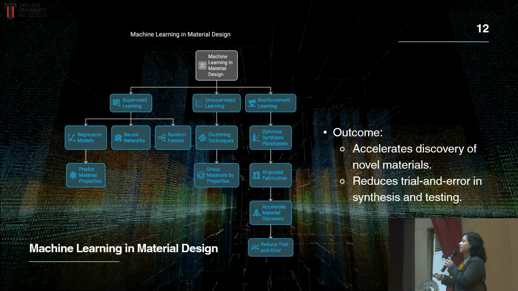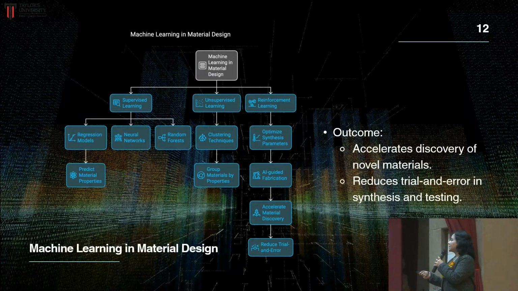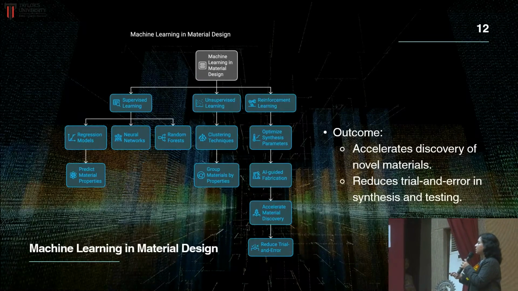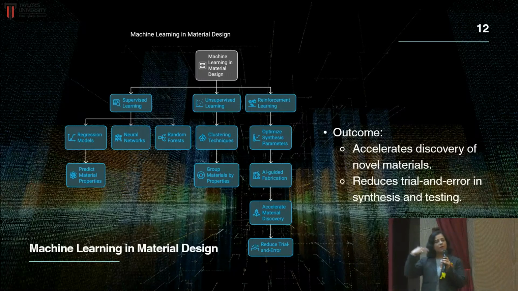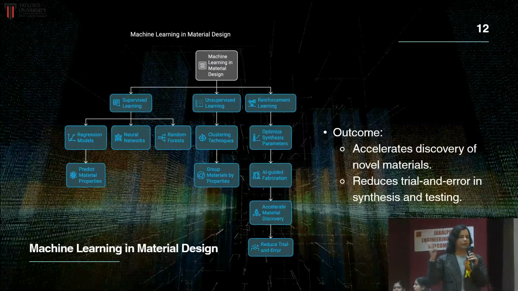And AI-guided fabrication of the materials can also be done. And then it accelerates the material discovery. This is actually decreasing the time span which is required for actual experimentation. Now, this reduces the trial and error. So the error which would be there in your actual experimentation would be reduced by this process.